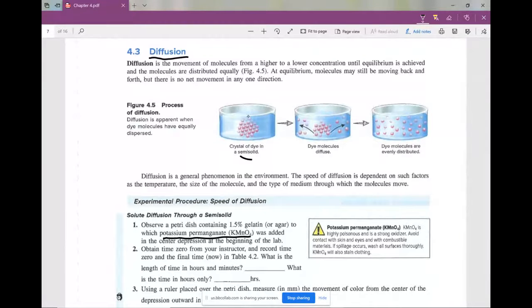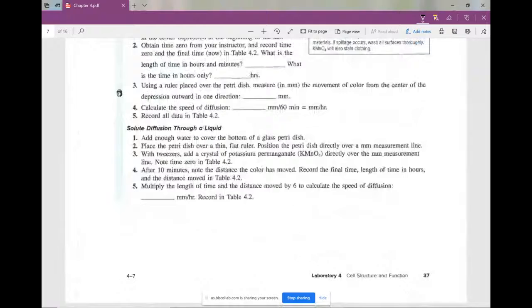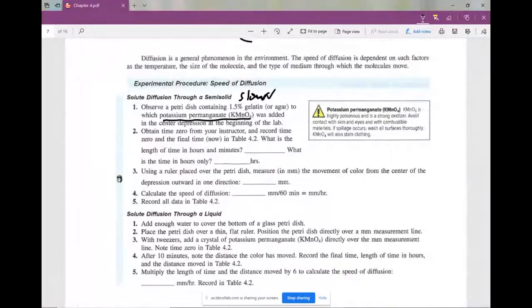And what happens is that crystal will diffuse across the gelatin. It would take about an hour for it to really show you any change, but it would happen. So diffusion through a semi-solid would be slow. Take about an hour or so, but it only moved a couple of millimeters.